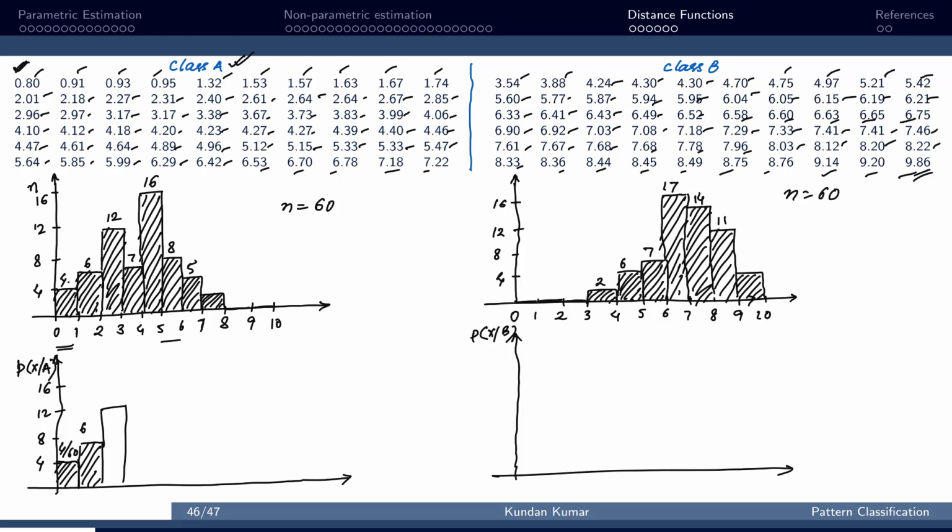So this will be 6 by 60, this will be 12 by 60, then we will have 7 by 60, then 16 by 60, then 8 by 60, then 5 by 60, then 2 by 60.